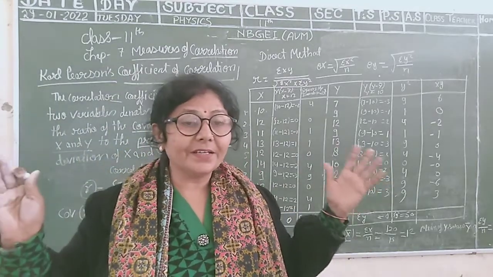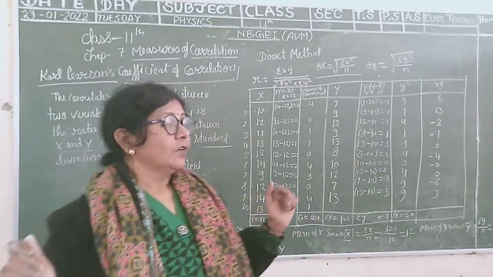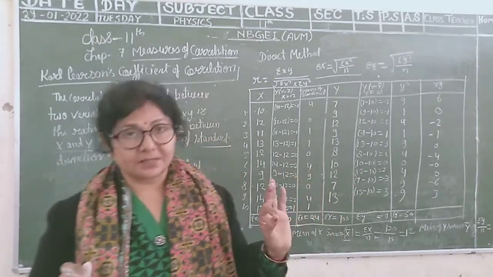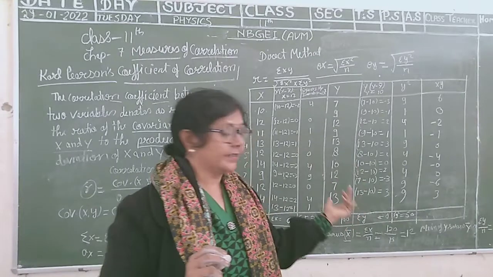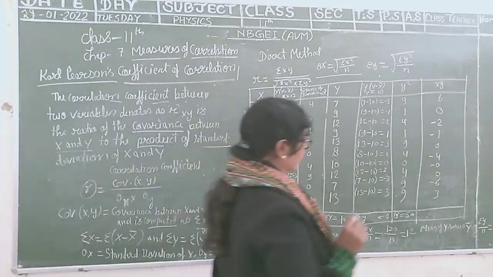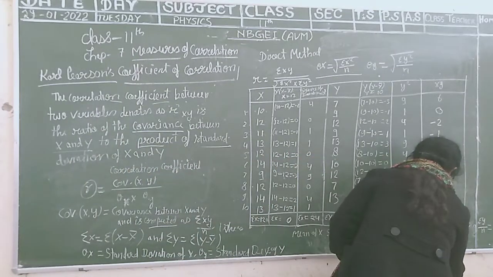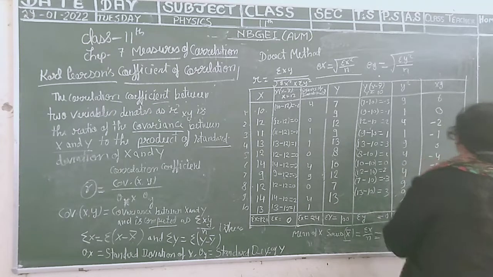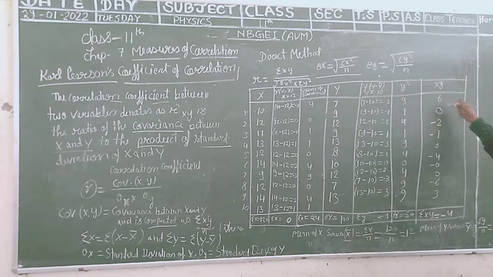This is the very last video, but firstly you will understand what this is and then calculate properly. So here it is written sigma xy equals minus 4. How? 6 and 2 minus 3, 6 and 6 minus, and 3 and 3 minus, and 4.